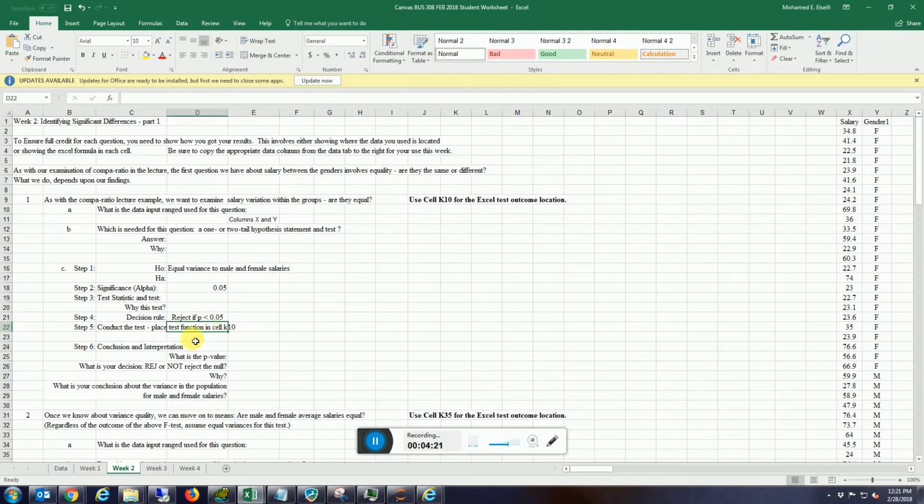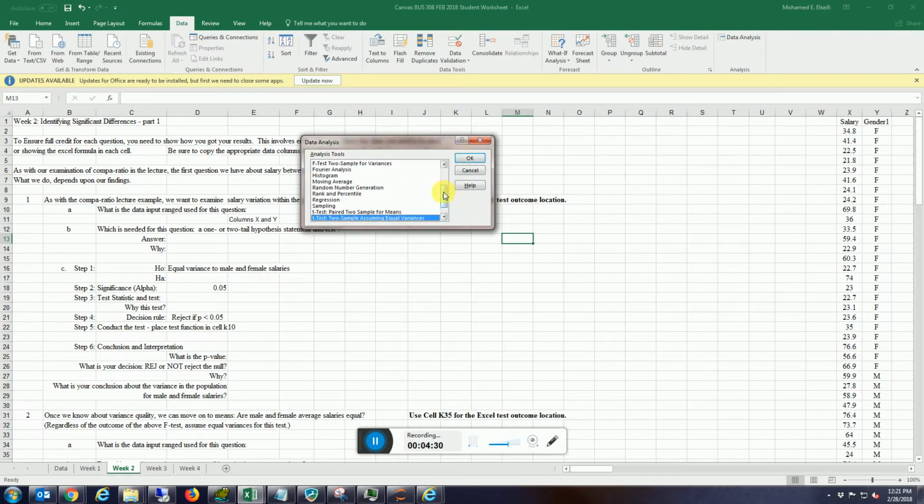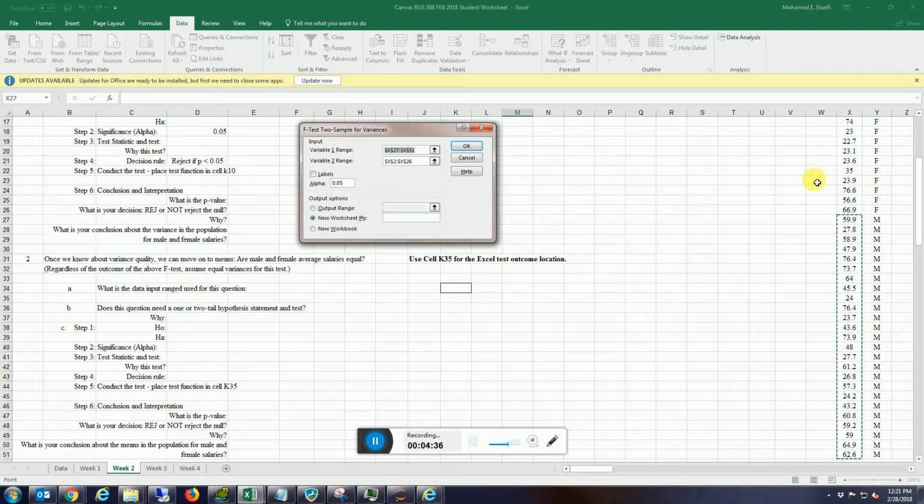Okay, so now we need to conduct the test. So we're going to go to again our Analysis ToolPak. We're going to select F-test two-sample for variances.